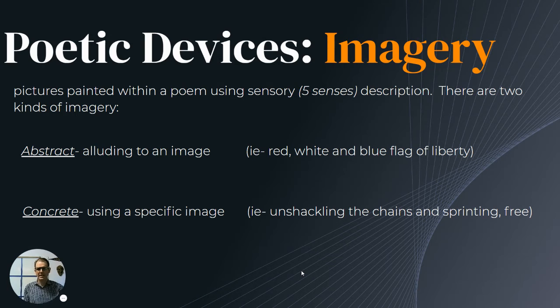I don't need to say the American flag. We know what that is, right? Or then there's that concrete, which is using specific image, unshackling the chains and sprinting free, right? So we have that literal image, that concrete, versus the abstract where we just mention it and we let the reader figure out what we're actually referring to.